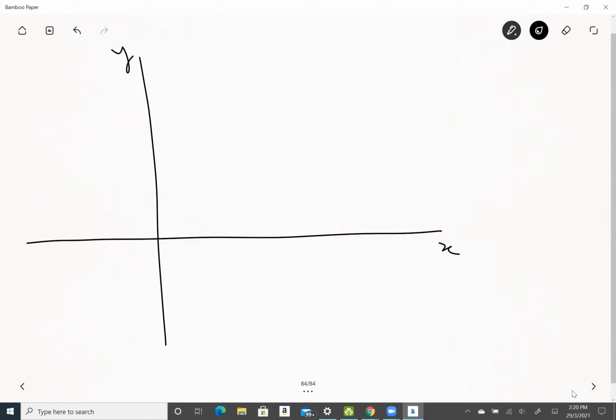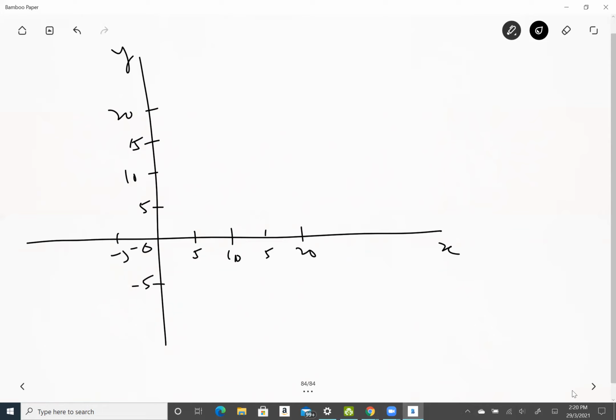You have x and y axes. Now we can use a scale of 5: 5, 10, 15, 20, and there's 0, and this is negative 5.